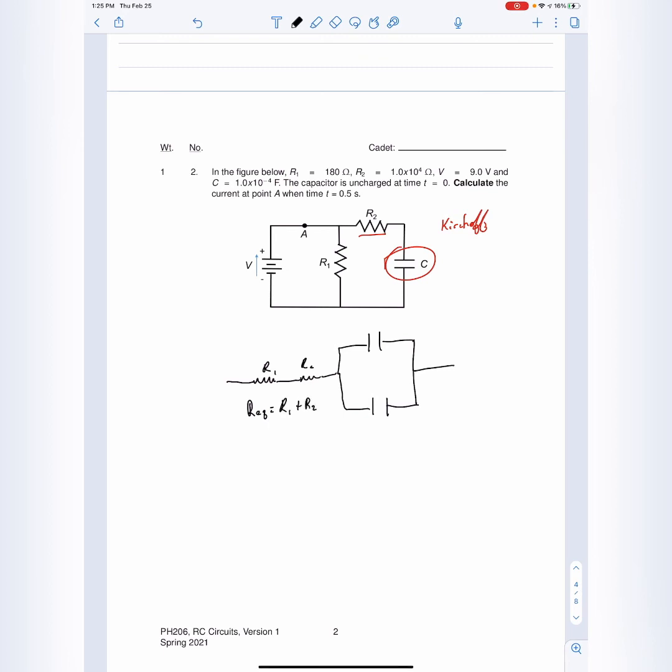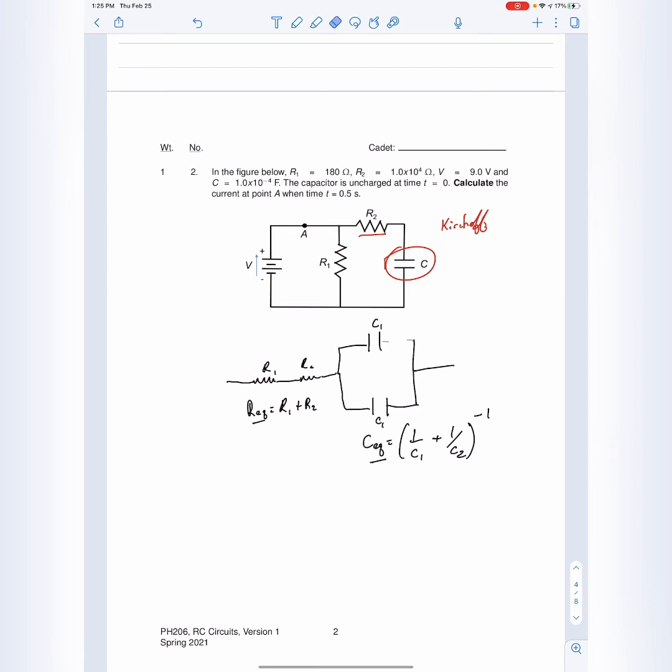And the equivalent for capacitors would be C equivalent equals 1 over (1 over C1 plus 1 over C2), to the negative 1. And you would find the equivalent resistor and the equivalent capacitor. That is the only way.